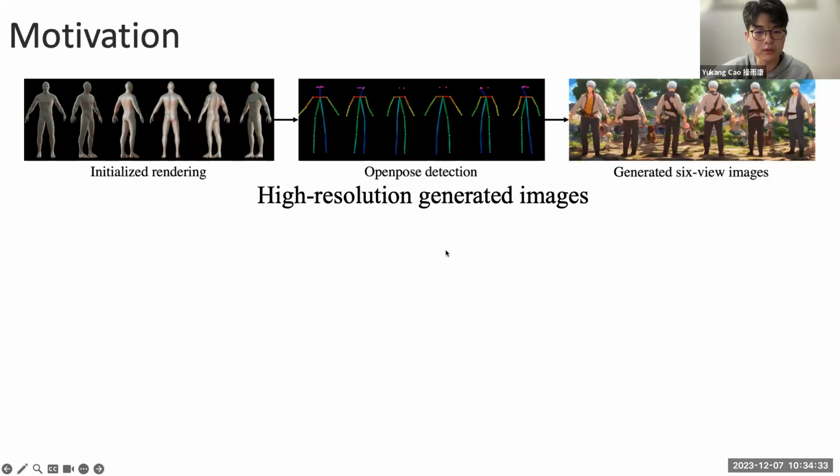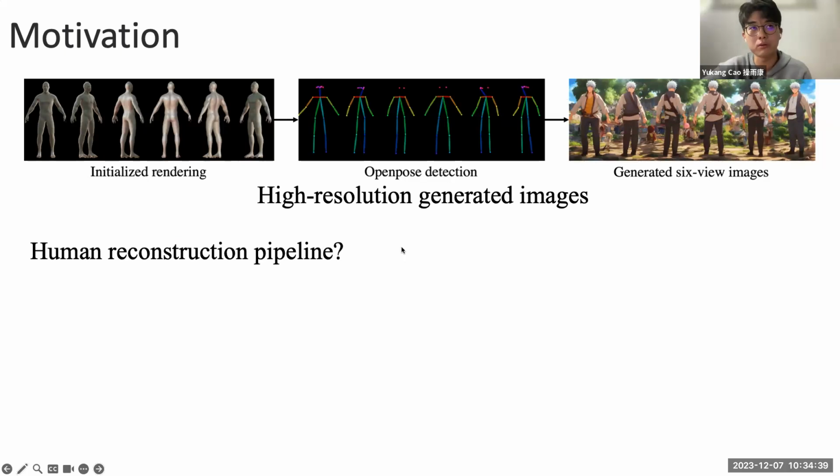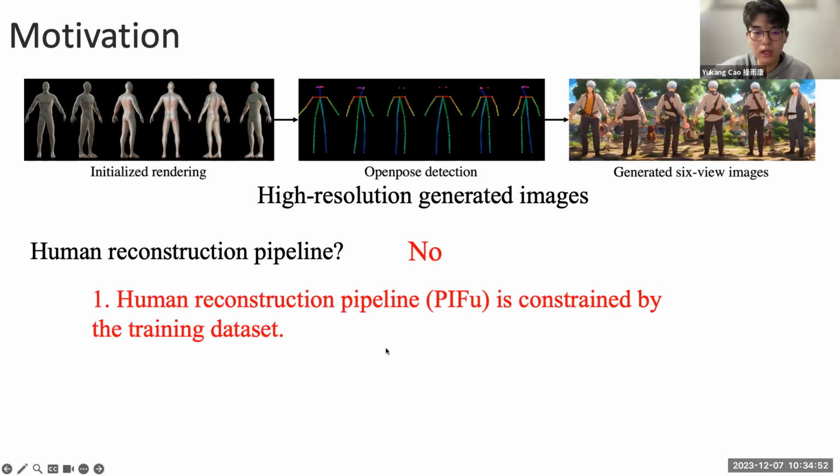Firstly, we will ask ourselves one question. Can we directly use the 3D human reconstruction pipeline? Because back to our previous discussion, the 3D human reconstruction can support multi-view scenarios. But our answer here is no. For the reasons: firstly, the 3D human reconstruction pipeline PIFu is constrained by the training dataset, but we don't have such datasets of movie or gaming characters for the training.